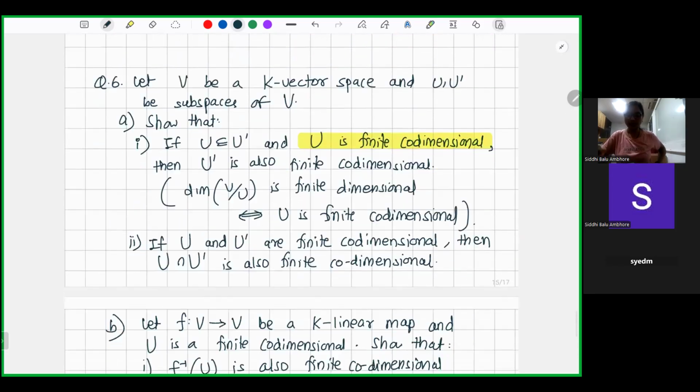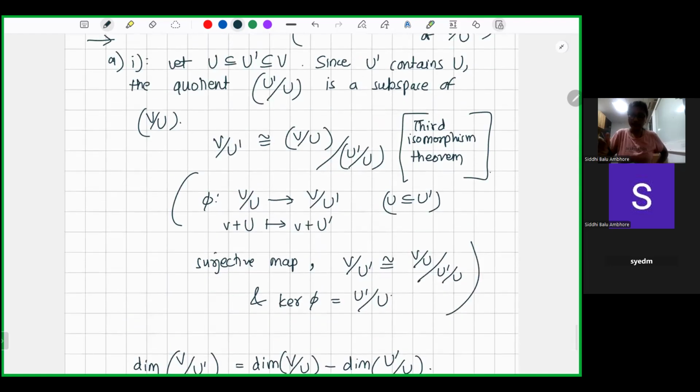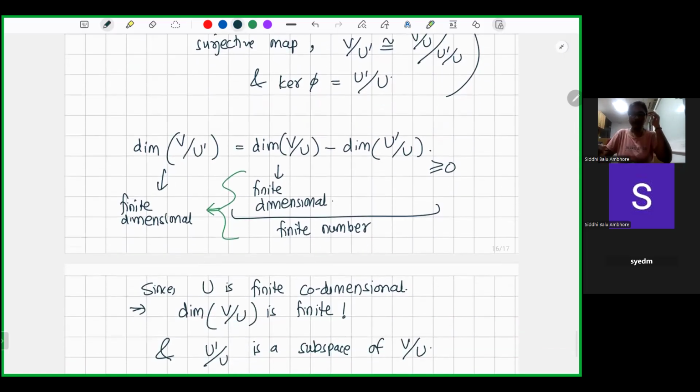That's what we are asked to prove here, that U dash is finite codimensional. And how did we do that? We proved that U dash is finite codimensional. Please understand this, that we started with this thing. If you don't know the proof, try to prove this, and you can use this as a hint.